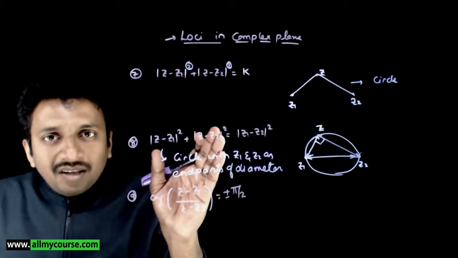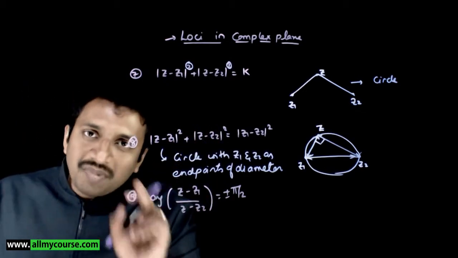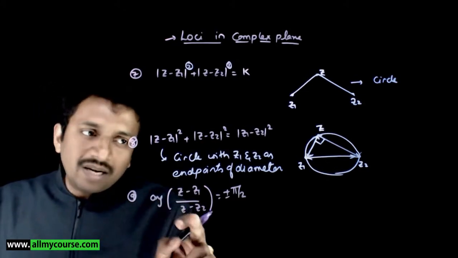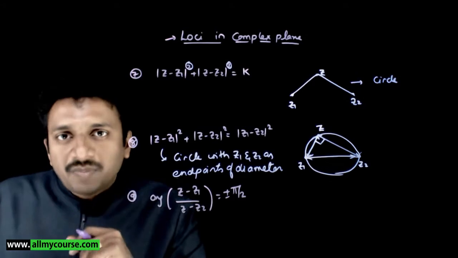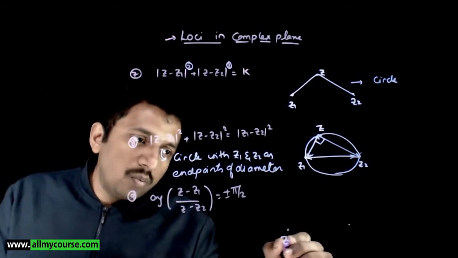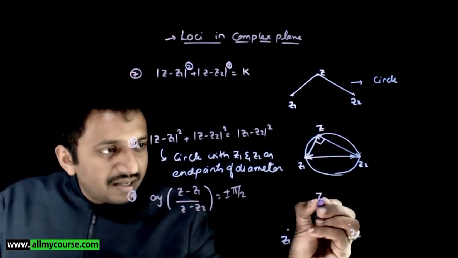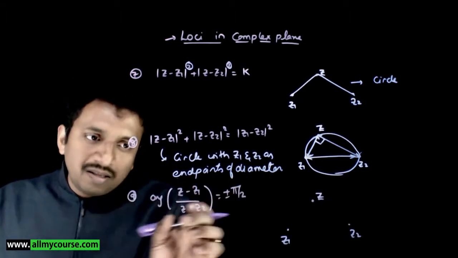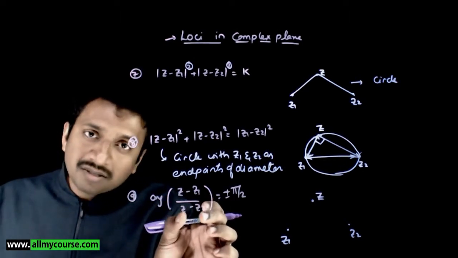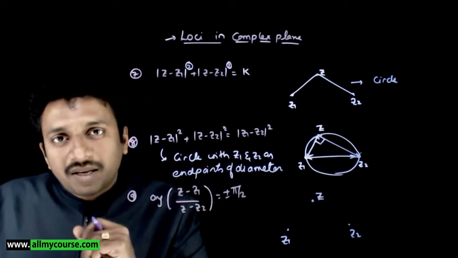The same condition can be expressed in terms of argument like this. So what is the meaning of this locus? Argument of z minus z1 by z minus z2 is equal to plus or minus pi by 2. That is, if you have two complex numbers z1 and z2, my complex number z is such that the angle between the vectors z minus z2 and z minus z1 is either plus or minus pi by 2.